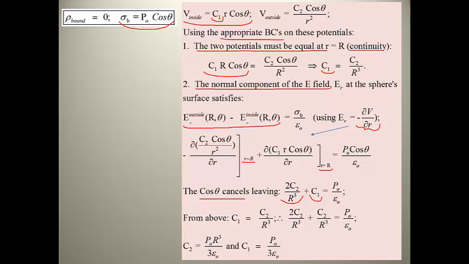We've already found C1 in terms of C2, so if we put that in, then we'll have 2C2 over R cubed plus C2 over R cubed is equal to our right hand side. So we can solve for both of these now. We have C2 in terms of P0, we have C1 in terms of P0, and these are the constants that we need to define our potentials inside and out.